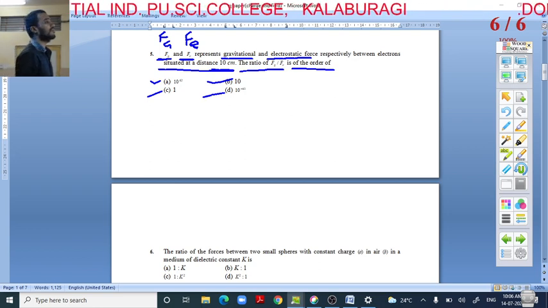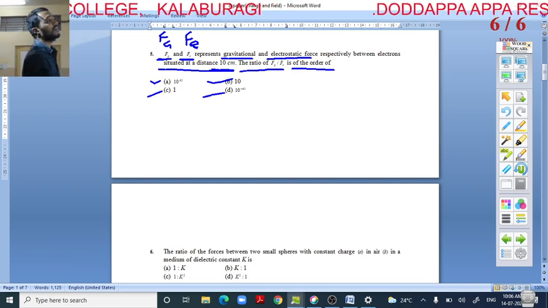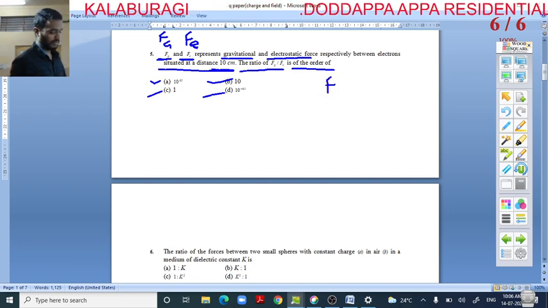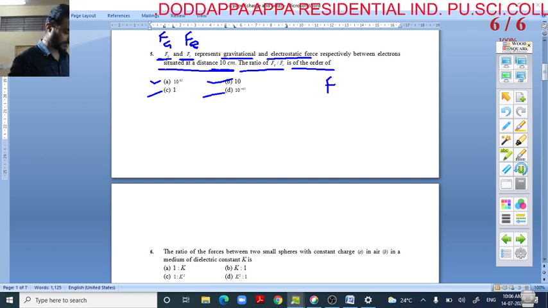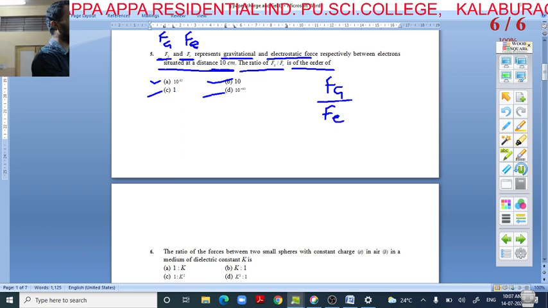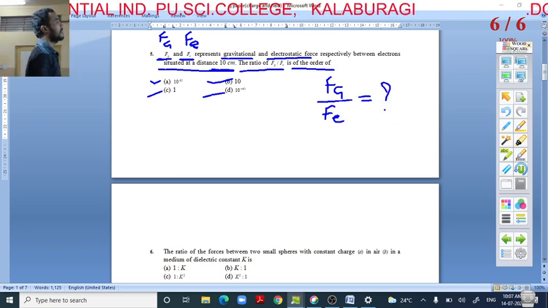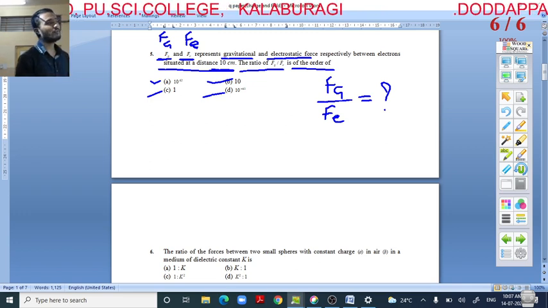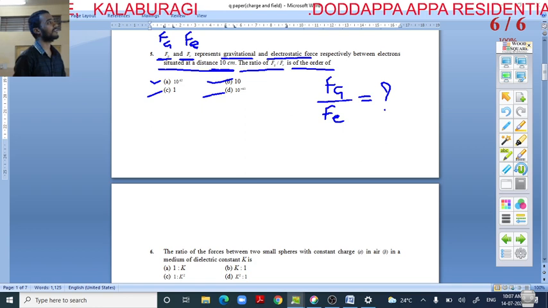Then we have to calculate what is the ratio of this. What is the ratio of this? That is Fg divided by Fe is equal to question mark. In the given options, which one is our answer? Now we try to solve it.